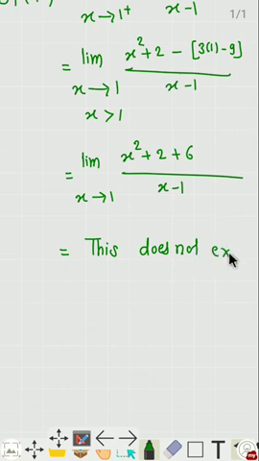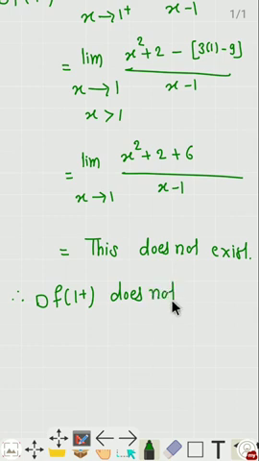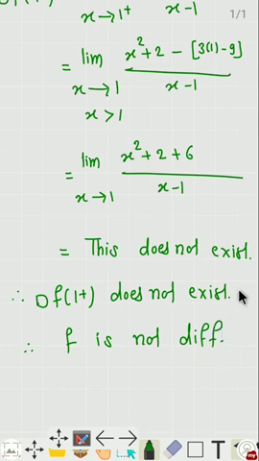Therefore derivative of f at 1 plus does not exist, therefore f is not differentiable. Okay, so function f is not differentiable because its right hand derivative does not exist.